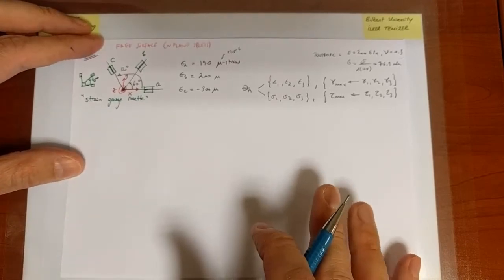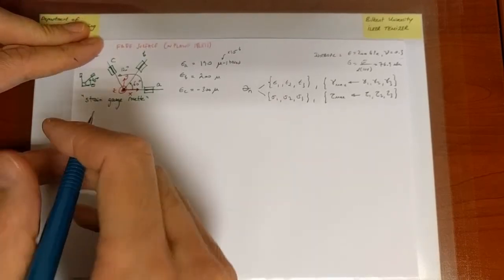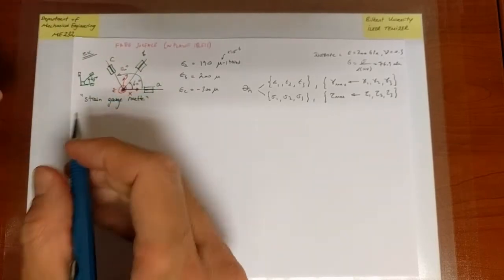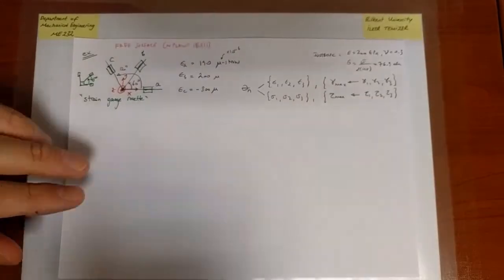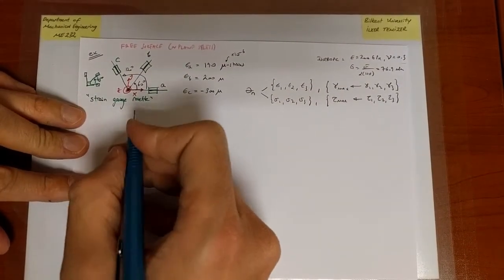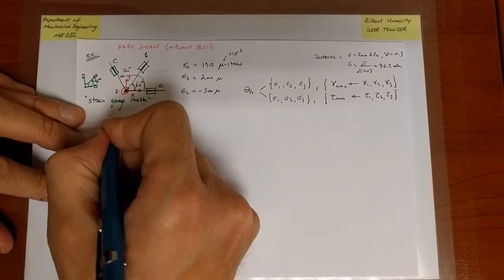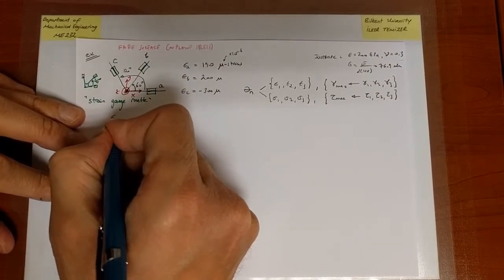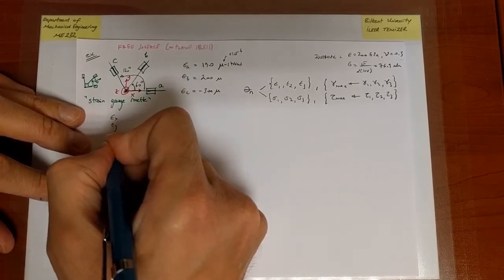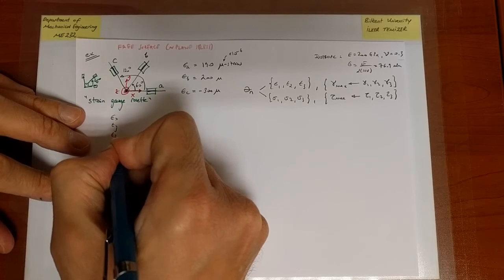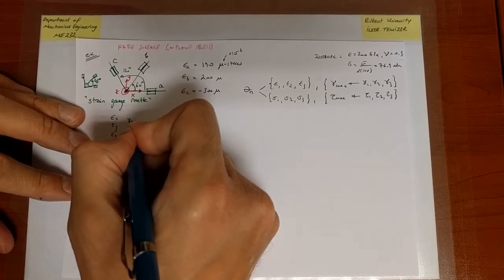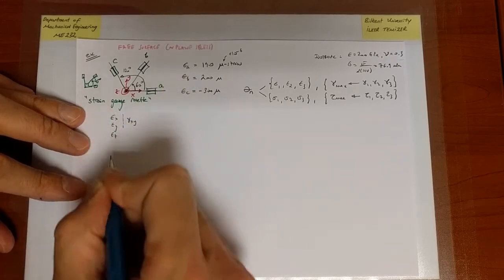Now, first of all, from my earlier discussion in words, what I know is that if I am given a certain state of strain that is described through epsilon x, epsilon y, epsilon z, and gamma xy, okay, so let's put that as well.